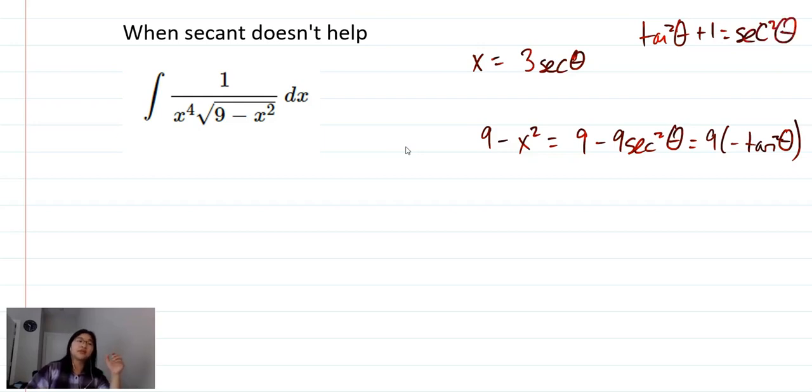So in order for the 1 to come before the secant, you have to negate everything. That's a bummer.